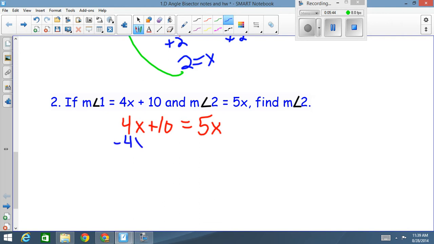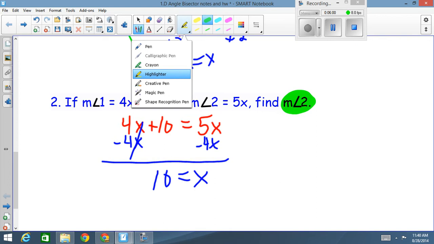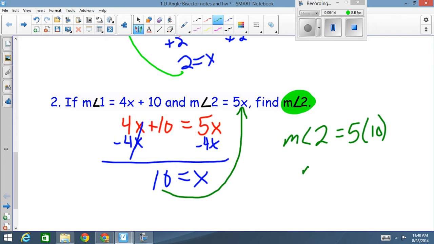I'm just going to subtract 4x from both sides, and just like that, I have 10 equaling 1x, x equals 10. We want to find the measure of angle 2, so I'm going to take that x and plug it right up in here where angle 2 is. Angle 2 is equal to 5x. So the measure of angle 2 is now equal to 5 times 10. So the measurement of angle 2 is equal to 50 degrees.